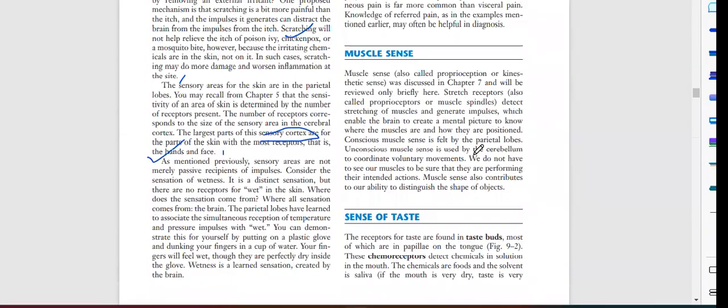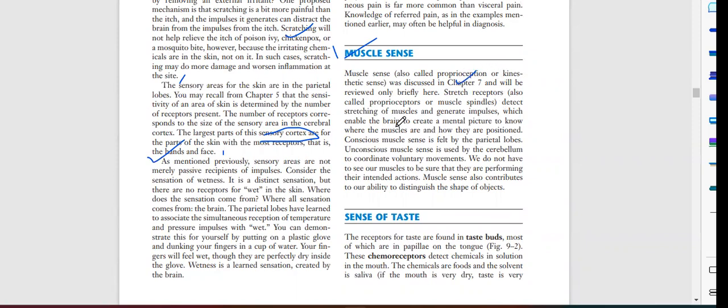Okay, understood. Next is muscle sense. We have cutaneous sense, and below the skin we have muscles. We talked briefly about muscles in chapter 7.